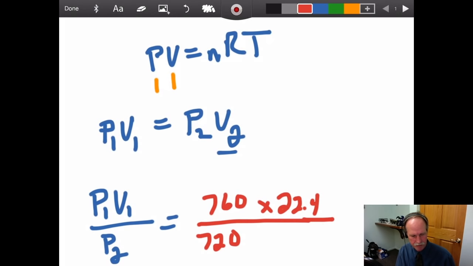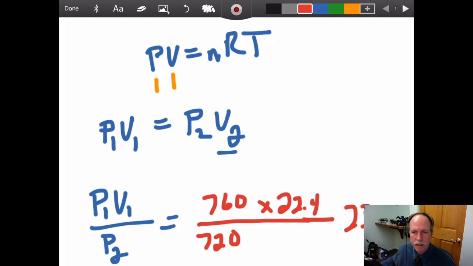So we've got 760 divided by 720 equals 1.055555 times 22.4. We're going to end up with 23.6 liters per mole. And that would make sense.